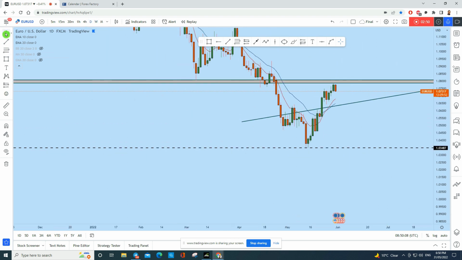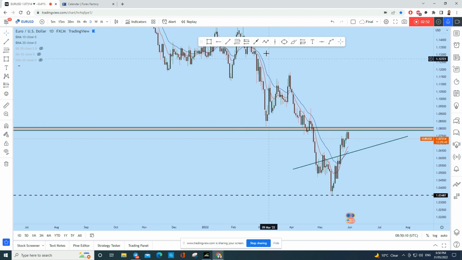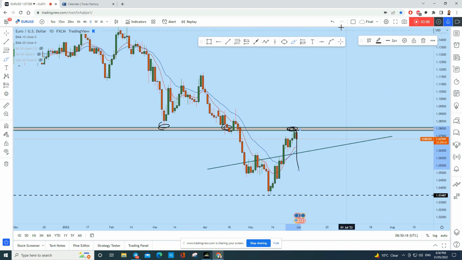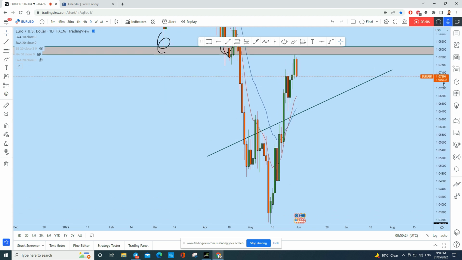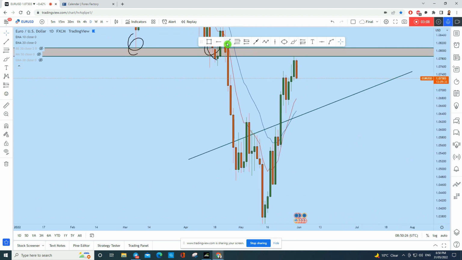Now on the daily time frame, as you can see, this previous support zone has just been tested as a resistance, and we see that Euro Dollar is now slowly dropping down. As I mentioned in quite a few of my analyses, Euro Dollar has created an imbalance in this zone.